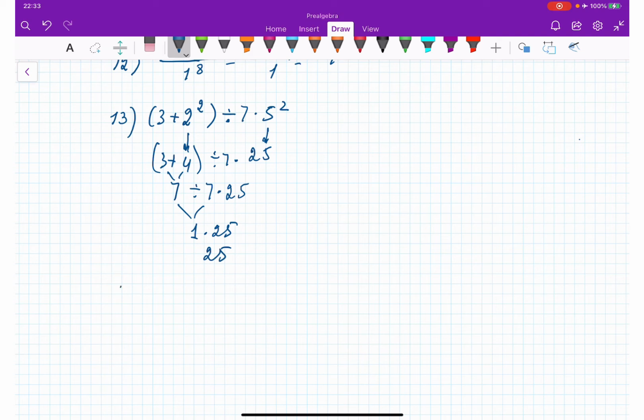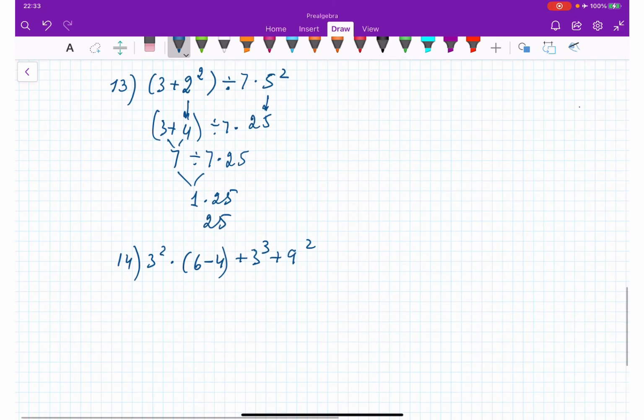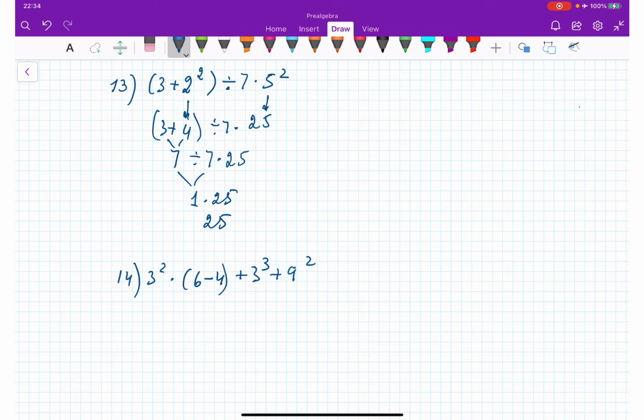Next, number 14. I have 3 squared times 6 minus 4, plus 3 cubed, and plus 9 squared. Okay, so first operation we are doing, it's going to be parentheses and exponents, right?